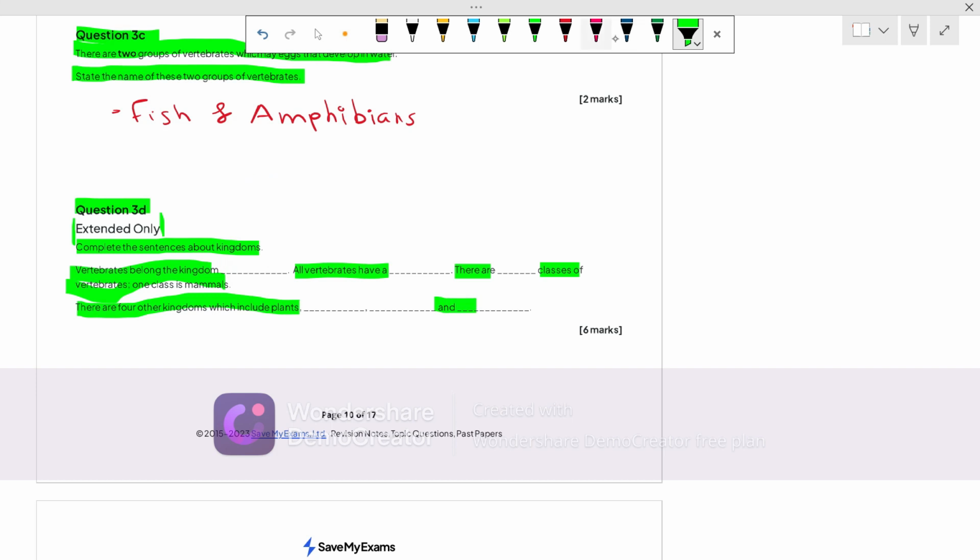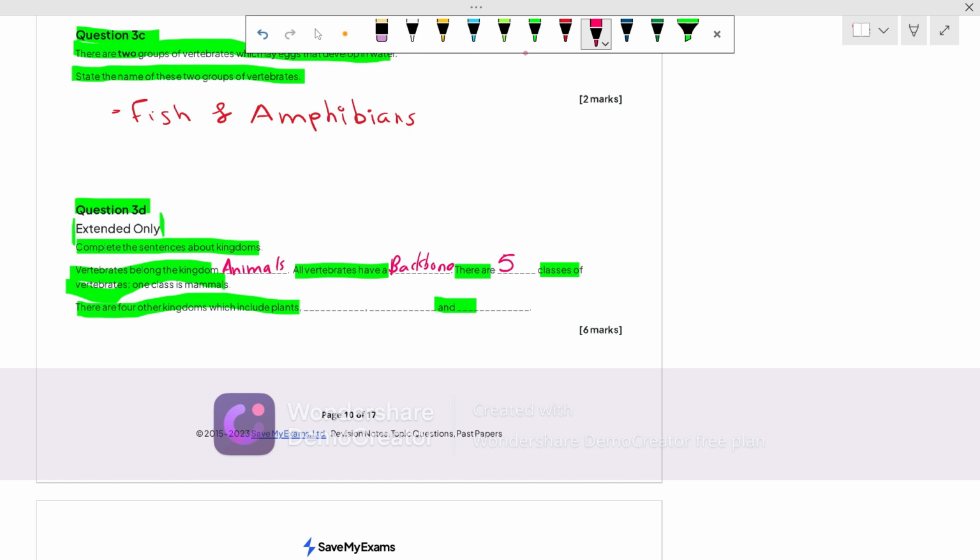Vertebrates belong to the kingdom of animals. All vertebrates have a backbone or spine, and either is accepted. Both mean the same thing. Invertebrates are animals that don't have a backbone, which is the simplest way to identify them. There are 5 classes of vertebrates.